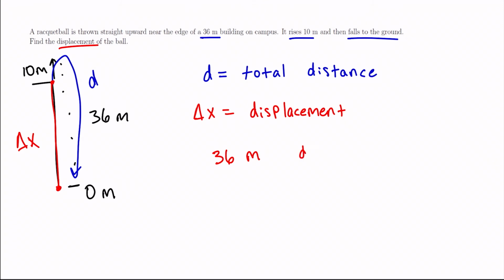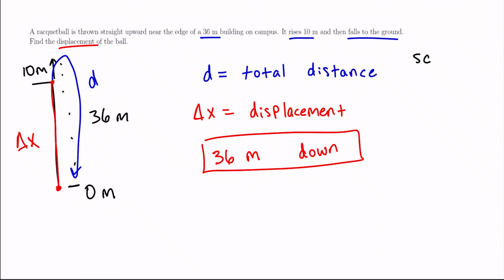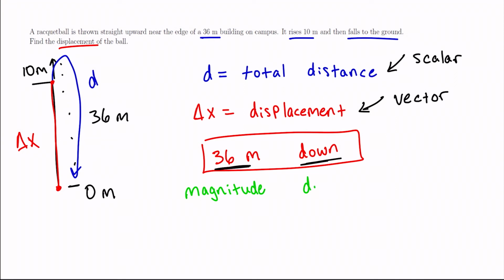But we also need a direction, so it's down. The total distance is a scalar, or just a number, while displacement is a vector. It has both magnitude and direction, rather than total distance, which just has magnitude. That's what it means to be a vector, magnitude and direction.